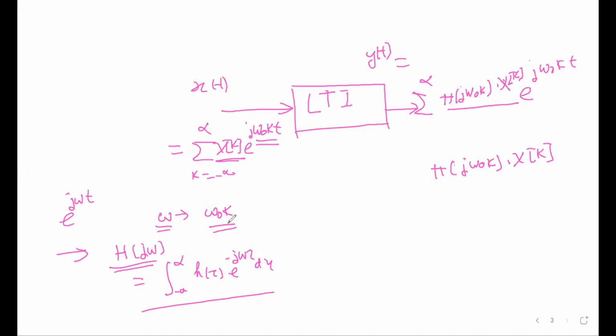We can replace omega by omega 0 k so that the transfer function exists for the frequencies present in your input signal, because if your input signal doesn't contain a particular frequency, there is no meaning to the transfer function there, okay? So the transfer function is a function of frequency, but it will exist for those frequencies present in your original signal. Now, you will see that we are finding another discrete function.